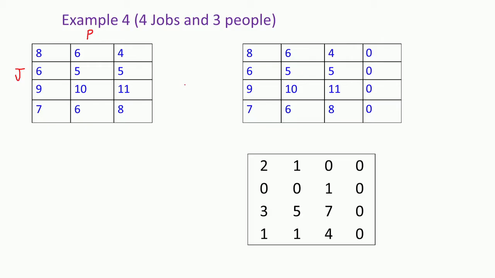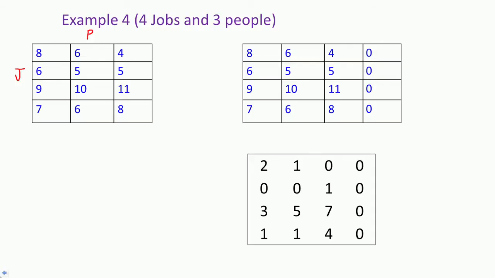So, this 4 by 3 problem, 4 job 3 person problem, has now been made into a 4 job 4 person problem by adding what is called a dummy column, and the cost in the dummy column is 0, which means the 4th person, who is an imaginary person, is going to charge 0 to do every job.